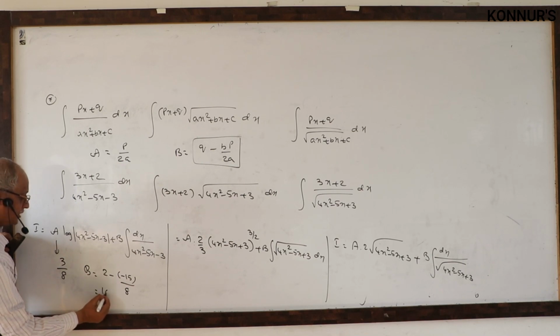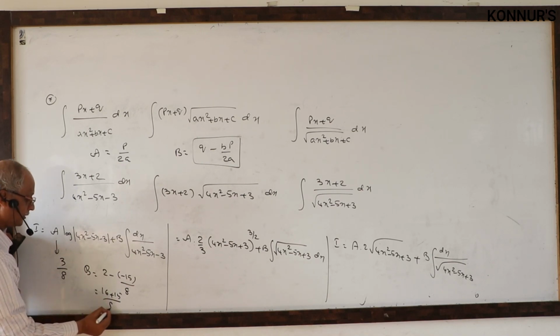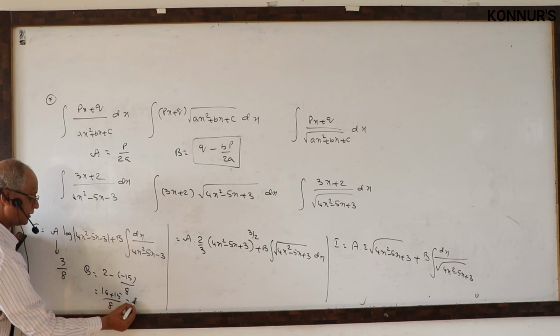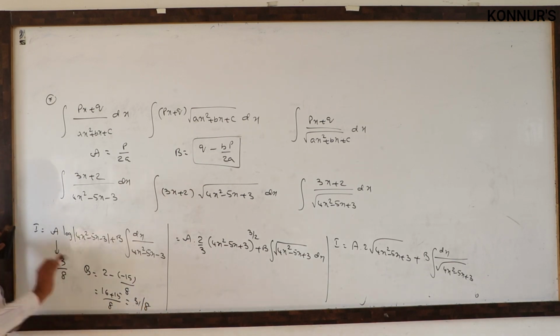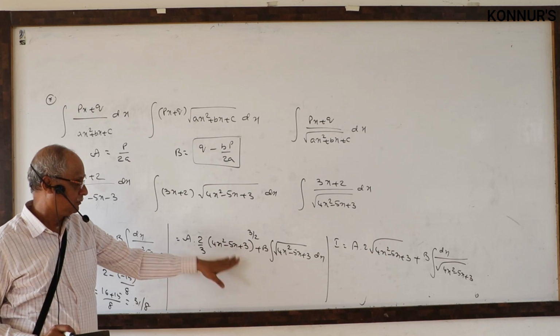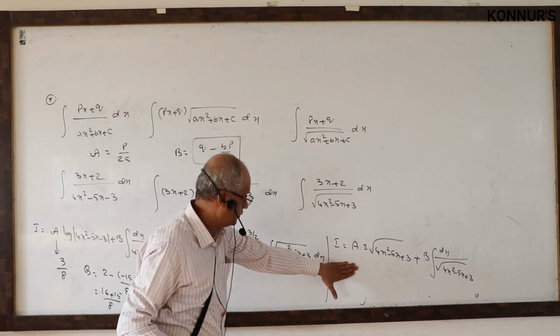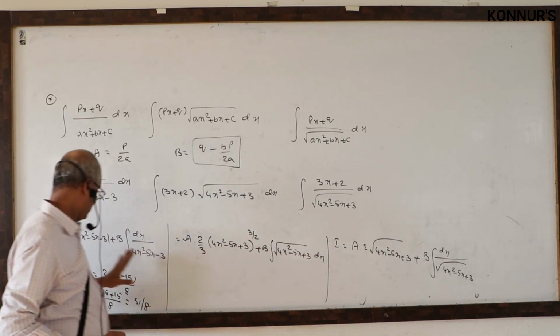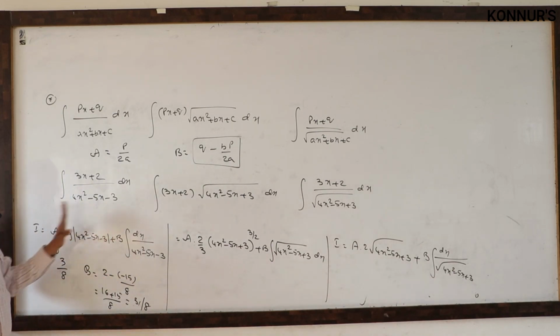Simplification. 16 plus 15 by 8 is how much here? 31 by 8, completed. Compulsory they will write the answer in this form. This is the answer for this problem. They will definitely ask you A and B.